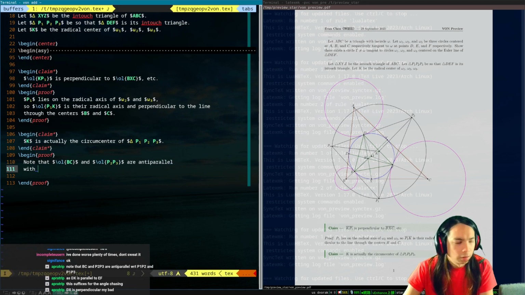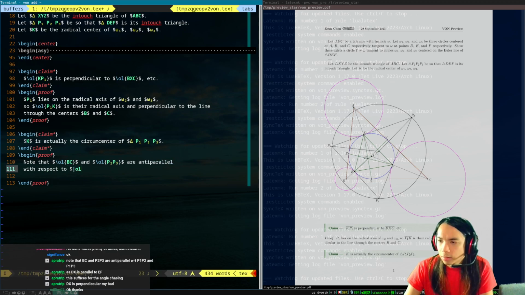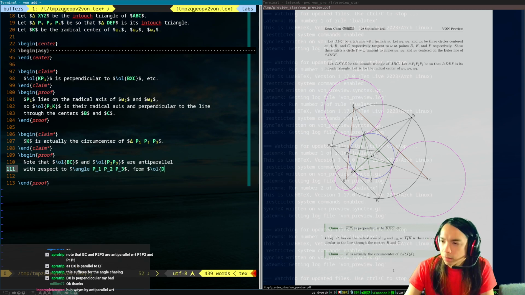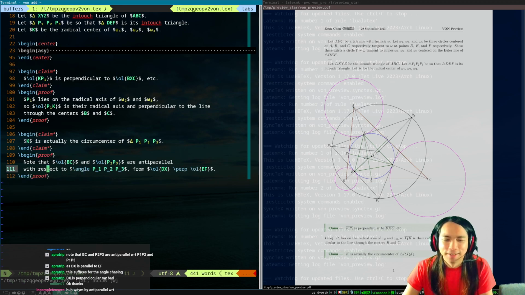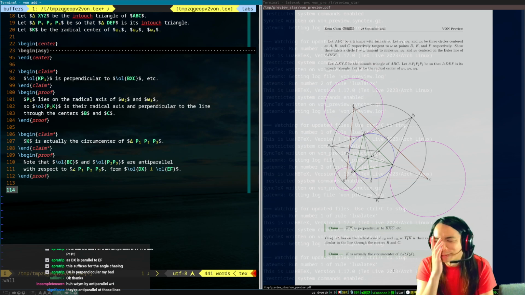Our anti-parallel with respect to angle P2, from DX parallel to EF. Wait, what do you mean? Oh, DX perpendicular. I didn't know that was a true statement, but that does help. Okay, the angle chasing doesn't matter because you can just do it.